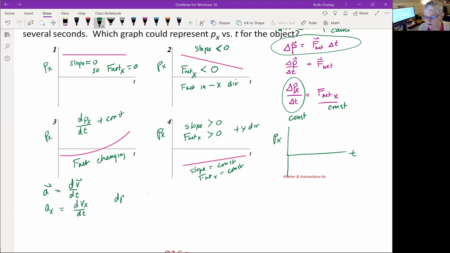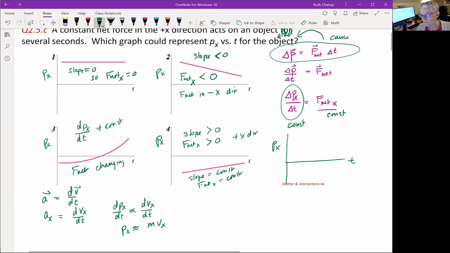So the rate of change of px versus time is directly proportional to the rate of change of vx versus time, since momentum is approximately mvx, and we're assuming that we're going much slower than the speed of light, so that's a good approximation here.